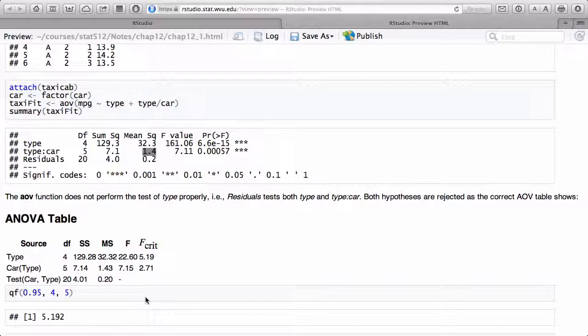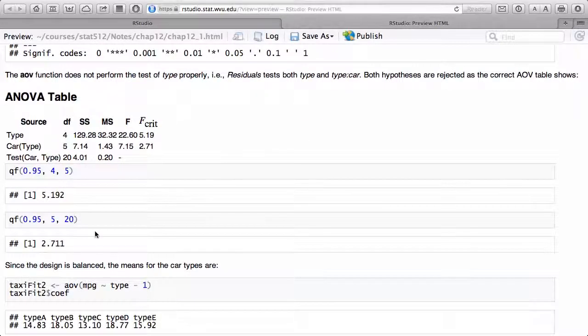Now those critical values, I showed you how to find them right here. You can find them from R, or you simply can use R to compute the p-values. We could have computed the p-values. There's another, QF computes the quantiles, but the probabilities can be computed from PF.